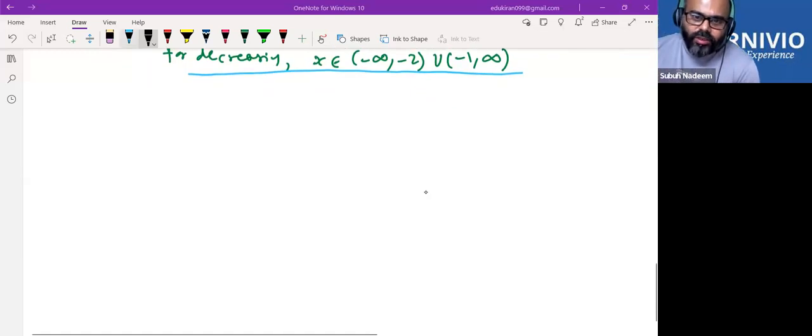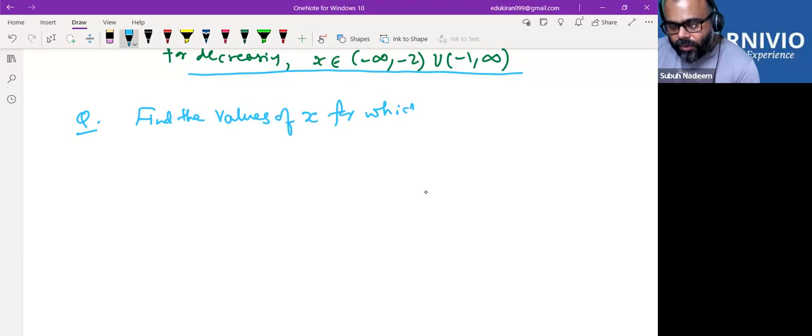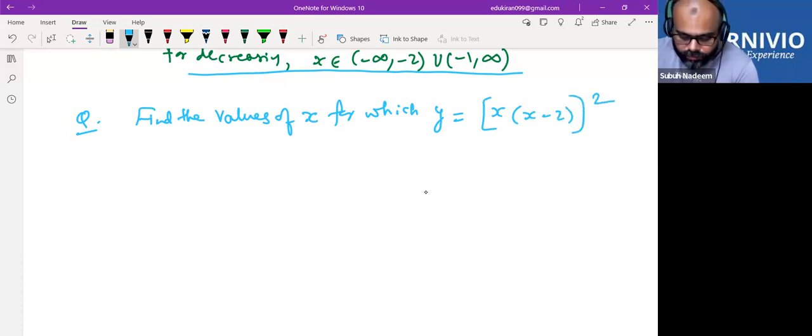So next question is, find the values of x for which y = x(x − 2)² is an increasing function.